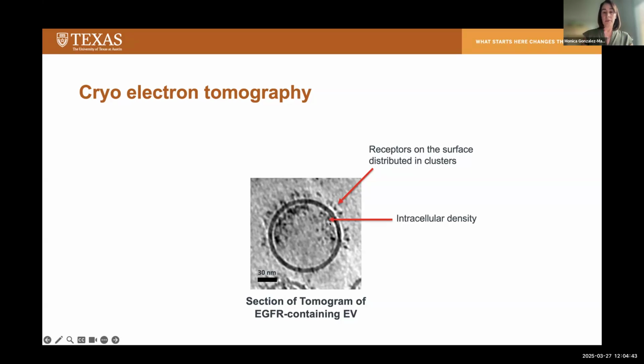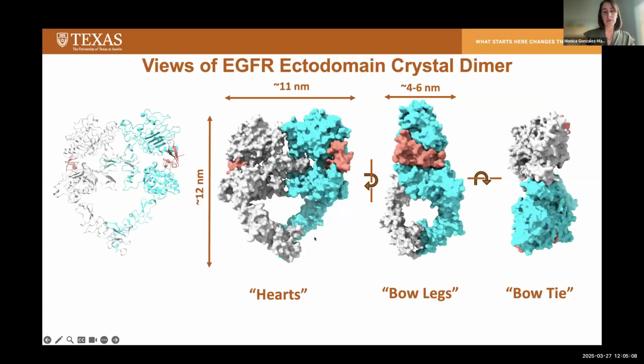We were also able to distinguish the kinase domain as an intracellular density, and there was a gap between the membrane and the intracellular density that hasn't been described before. These tomograms were made in the presence of the ligand, so what we were expecting is that all these receptors were in the active conformation.